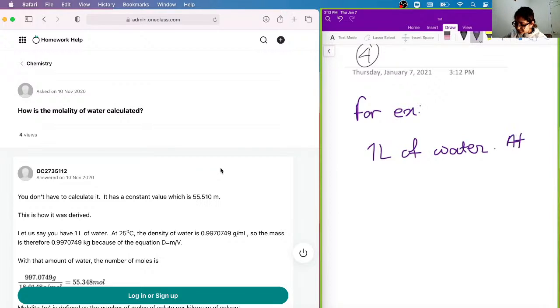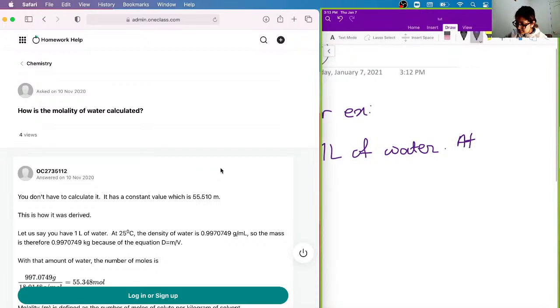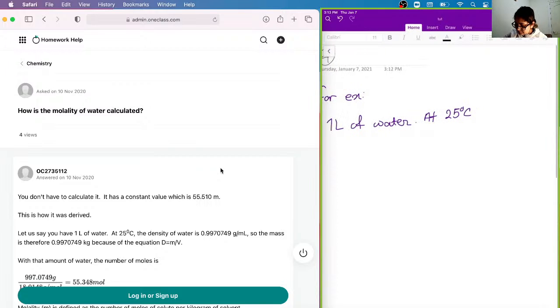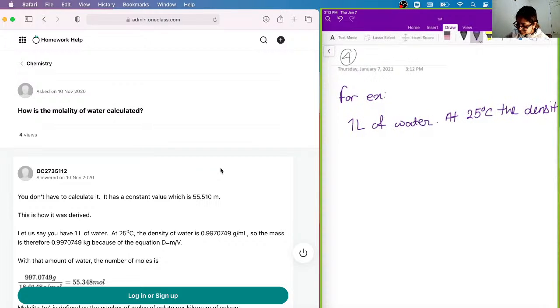At 25 degrees Celsius, the density of water is 0.9970749 grams per milliliter.